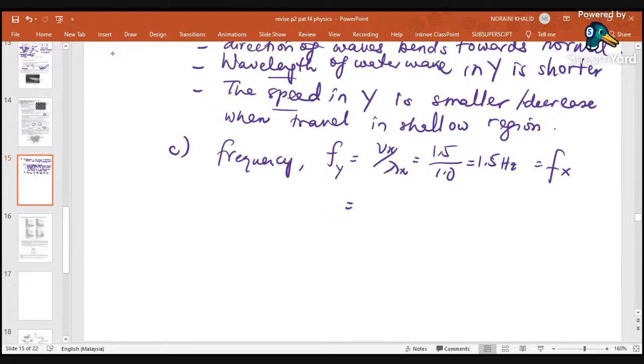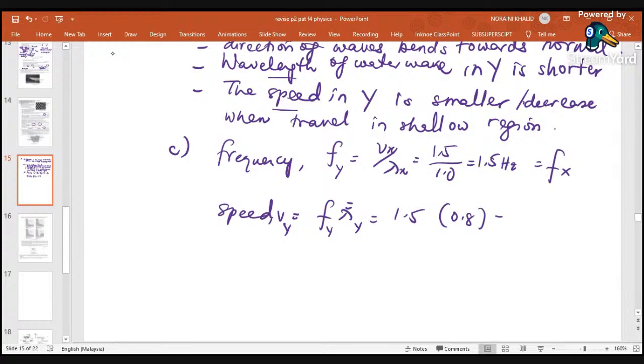Okay, now we want to calculate for speed. Speed equals frequency multiplied by wavelength. Now we want to find speed for Y, meaning frequency in Y and lambda in Y. Frequency was already calculated here, 1.5. Lambda in Y is 0.8.